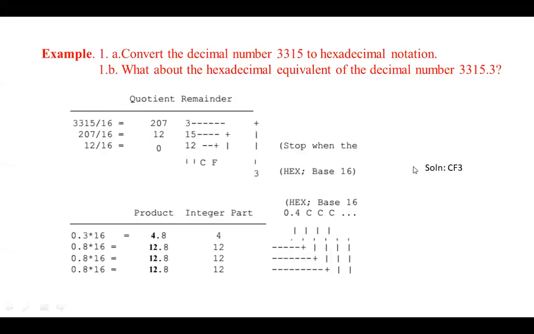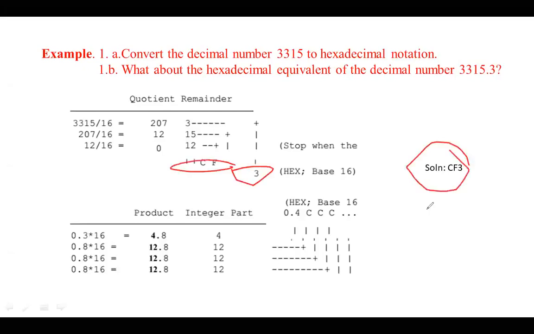Now this question was convert the decimal number 3315 to the hexadecimal notation, which we have got. So if you can see, it is CF3. We have got the solution. So the solution is CF3.